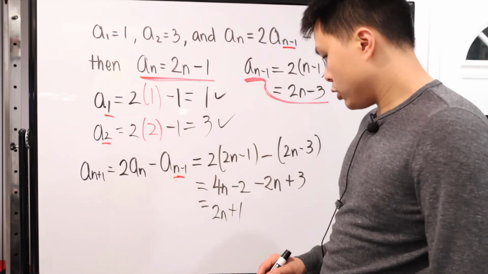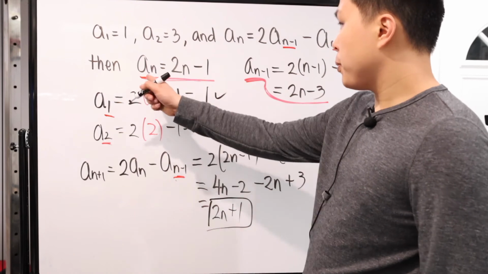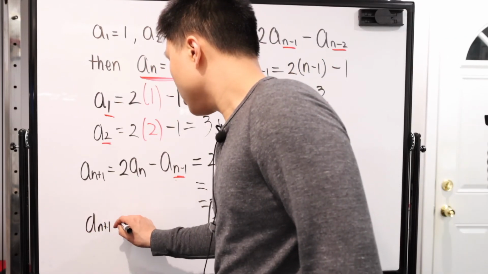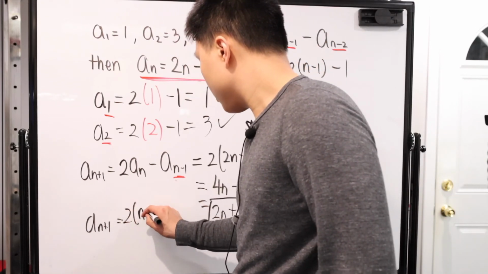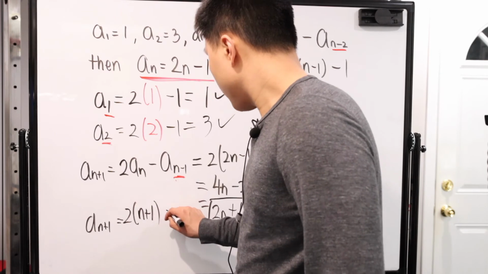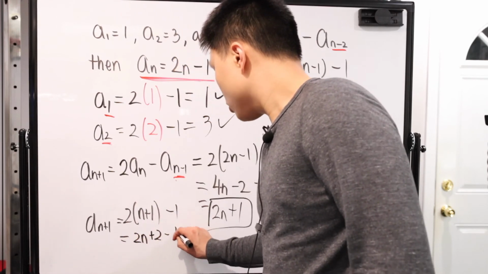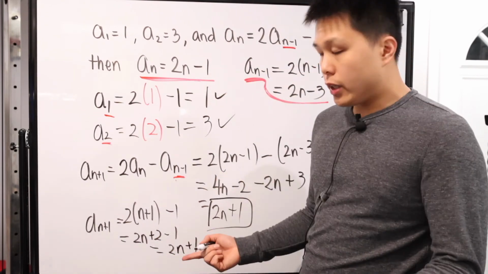All right, cool. Now we have to show that if we plug in a sub n plus 1, that's going to be 2 times n plus 1 minus 1, which is 2n plus 2 minus 1, or 2n plus 1. Good.